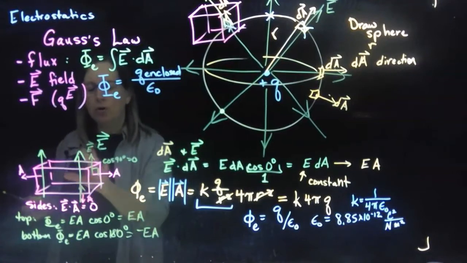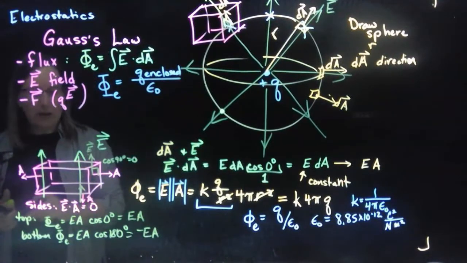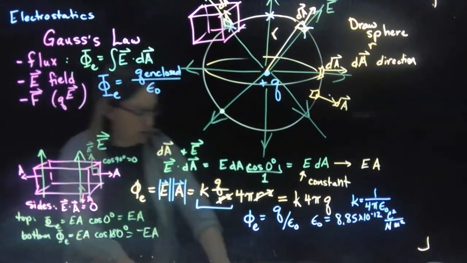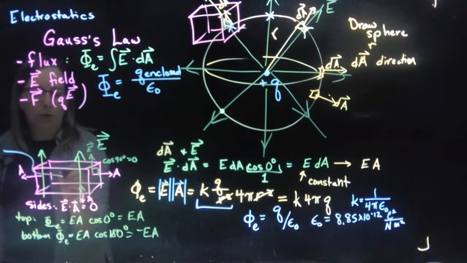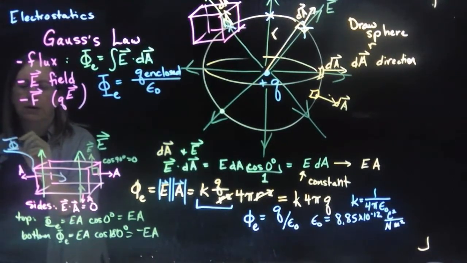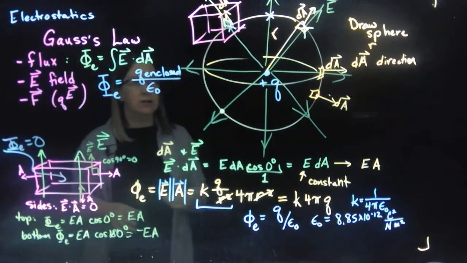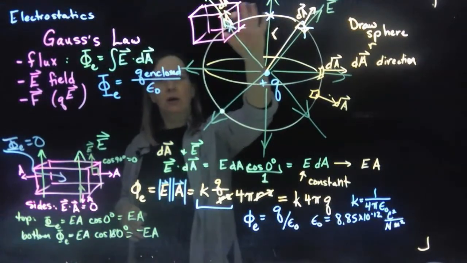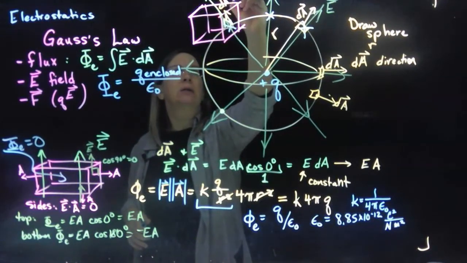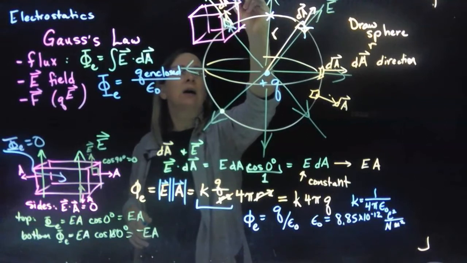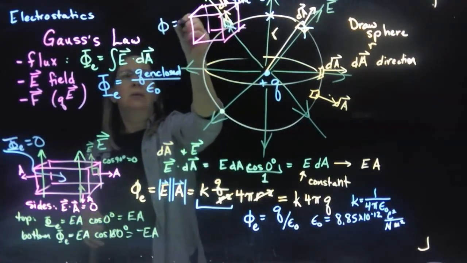So if we measure the flux through this entire surface, the flux through the whole surface is equal to 0, which makes sense because there's no charge inside. So that holds here. The geometry is a little different, but here, because Q enclosed is equal to 0, the flux is equal to 0.